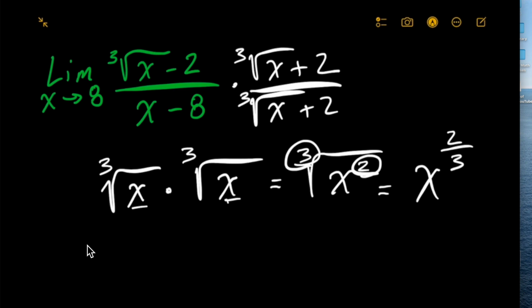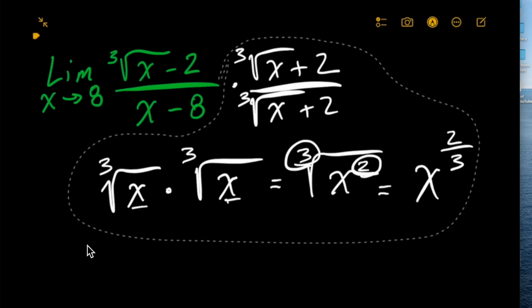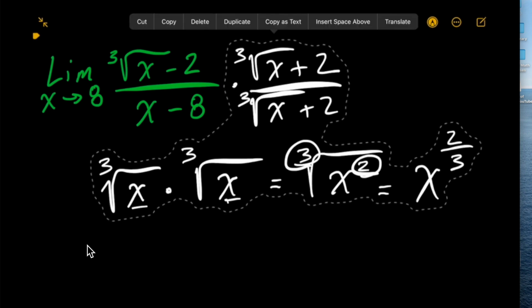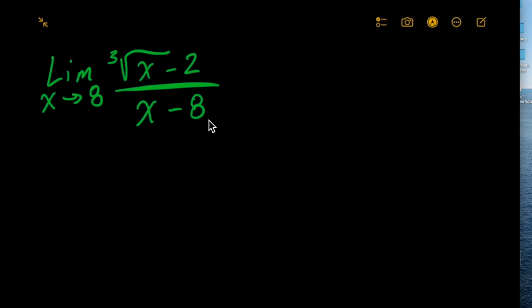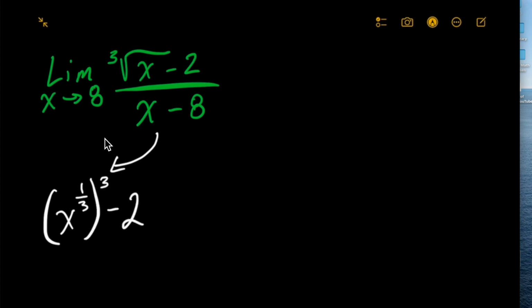So let's talk about how to solve this original limit in green. Folks, the important thing is to recognize that this is the difference between two perfect cubes. So this is really x to the 1/3 cubed minus 2 cubed.